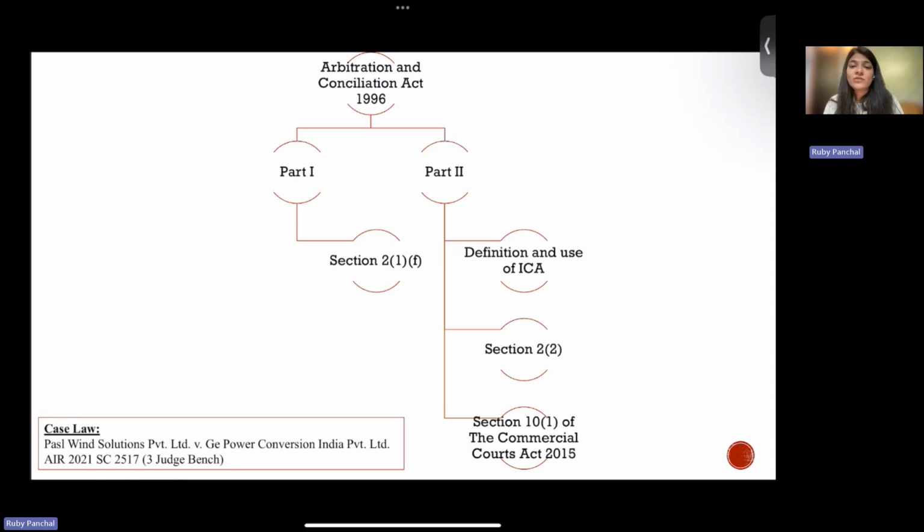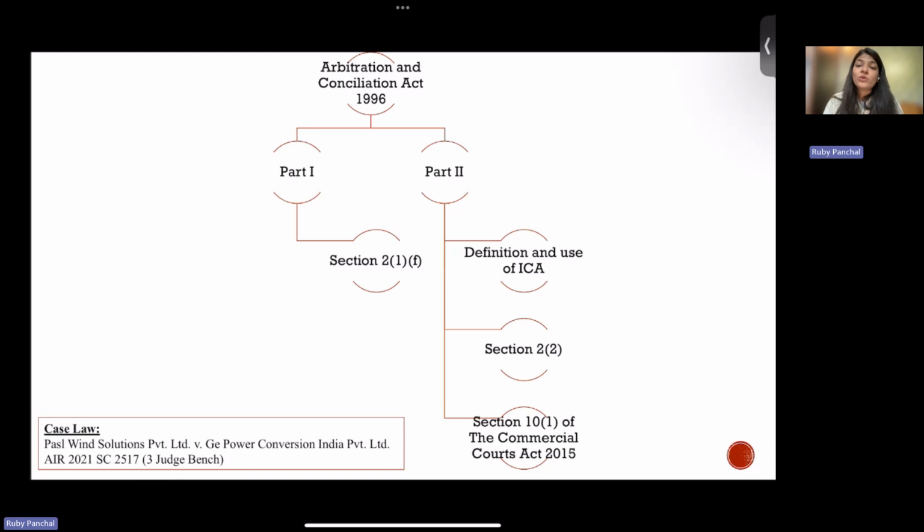The term used is arbitration, and that arbitration comes from a place-centric approach rather than a party-centric approach. The two places where ICA is mentioned in the context of Part 2 are Section 2, subsection 2 in the A&C Act and Section 10, subsection 1 of the Commercial Courts Act.